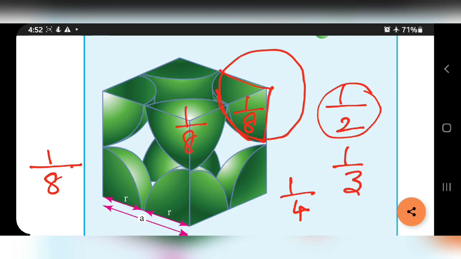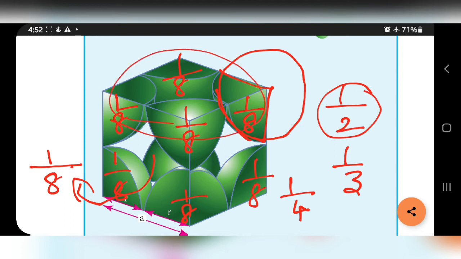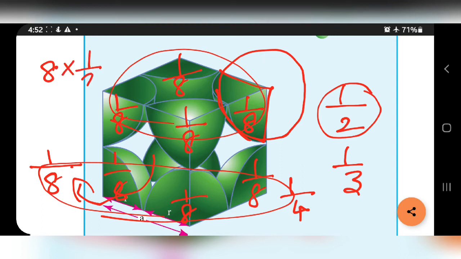Like that, the size of this atom is 1 by 8, here 1 by 8, here 1 by 8, here 1 by 8, here 1 by 8, here 1 by 8, and this is 1 by 8. Totally how many 1 by 8? Here 4 and here 4. Totally 8 atoms are there. Each atom size is 1 by 8, so that is equal to 1.